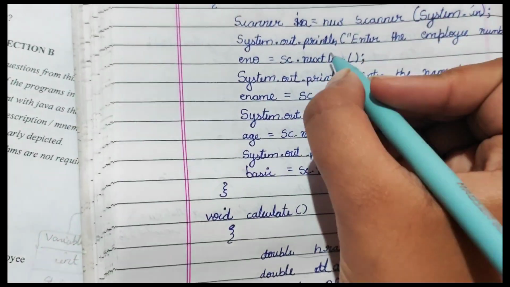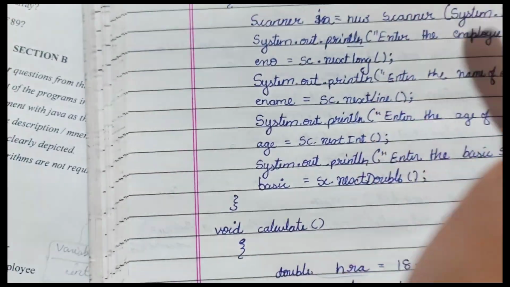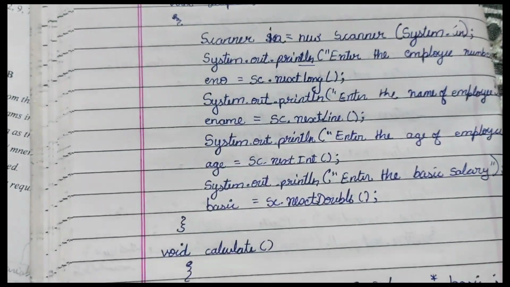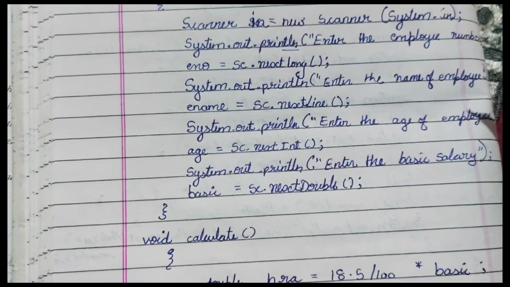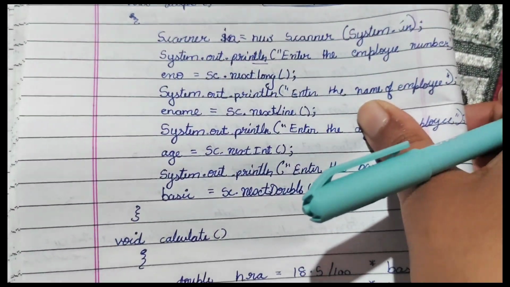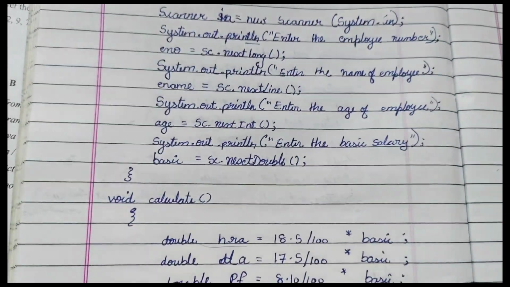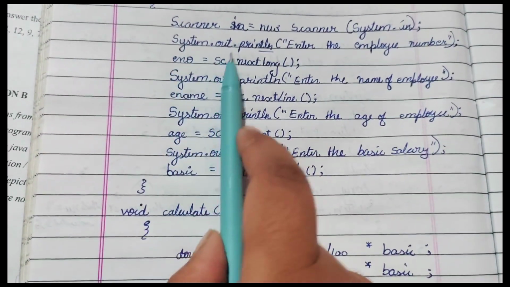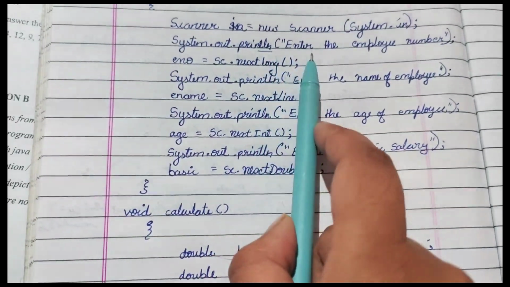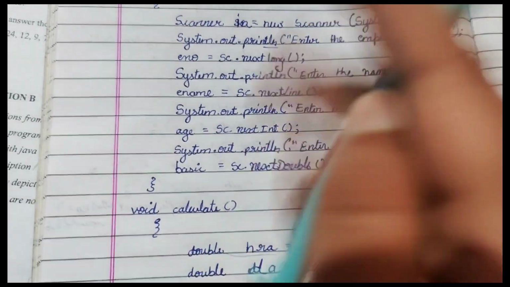Sometimes students miss this ln. Then come to the bracket, enter the employee number. System.out.println, enter the employee number.